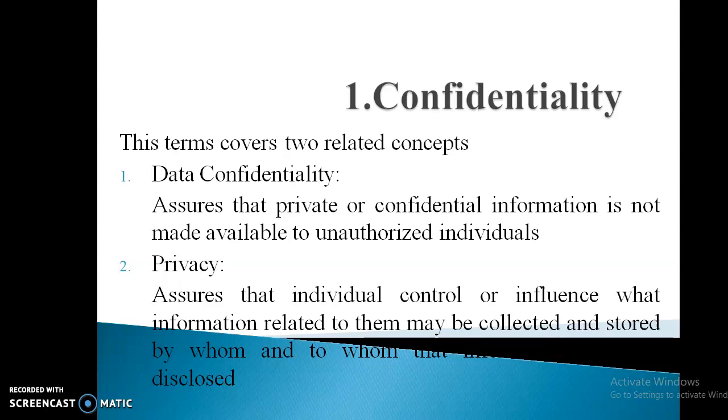This term covers two related concepts. The first one is data confidentiality, the second one is privacy. Data confidentiality means assuring that private or confidential information is not made available to unauthorized individuals, because without authorization the data cannot be accessed by outsiders. How do we provide data confidentiality?